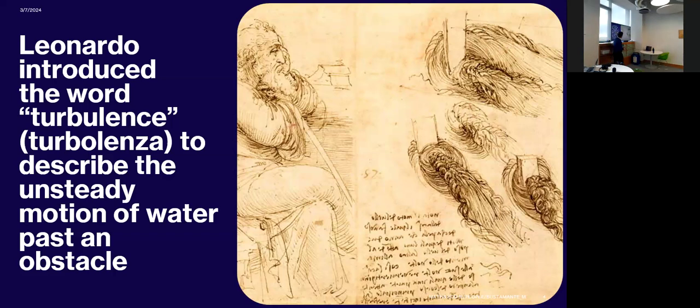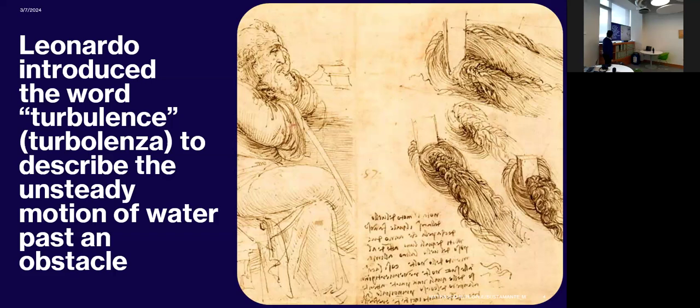He's observing the flow. Suppose you have a river and you have some poles and the water is flowing past those poles. What happens is behind those poles, the water starts curling around and forming these nice patterns. And he called this turbulenza. I'm not Italian. I don't even speak Italian.